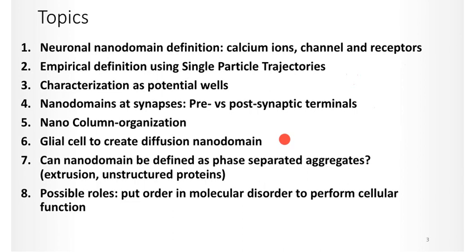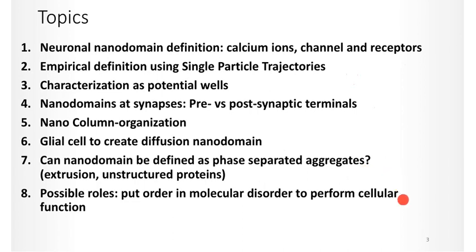Then we will discuss how glial cells can create diffusions inside specific nanodomains. And finally, we will ask the question: can these specific nanodomains be defined as phase separation, or phase separated aggregates, a terminology coming from genetics for understanding how the nucleus is organized.